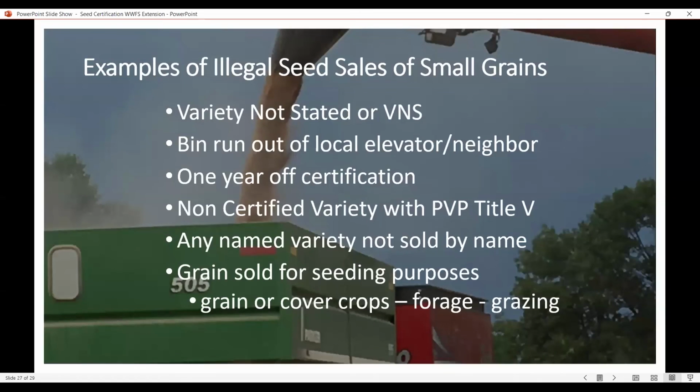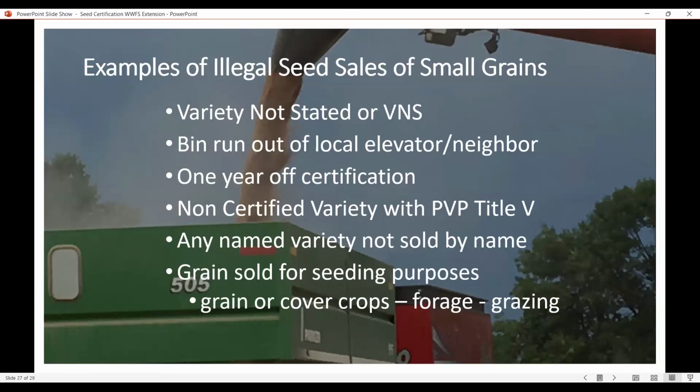Some examples of illegal seed sales are small grains, variety not stated or VNS. Virtually every variety of small grains that's released across the U.S. is named now. It's illegal to buy bin run seed out of the local elevator or from your neighbor to use as seed.